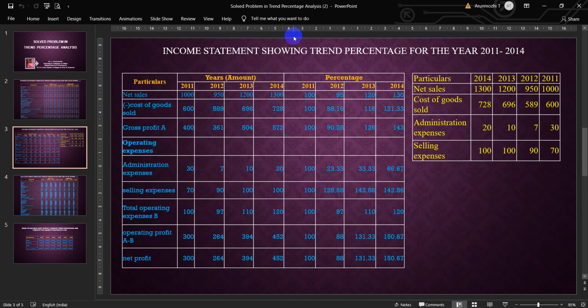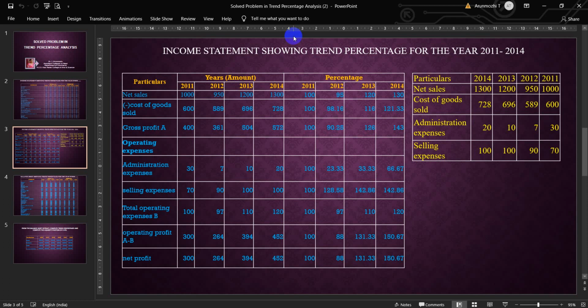The first year is 600. For that, make it as 100. Then with the second year, 589 into 100 divided by 600, you get 98.16. Now for the third year, 696 into 98.16 divided by 589, you get 116.